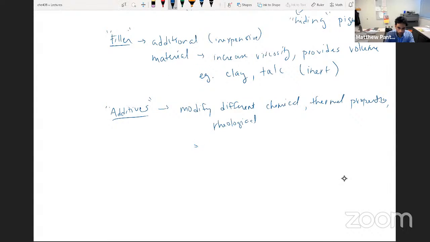Typical components here are things like antimicrobial agents, antifreeze, and surfactants.